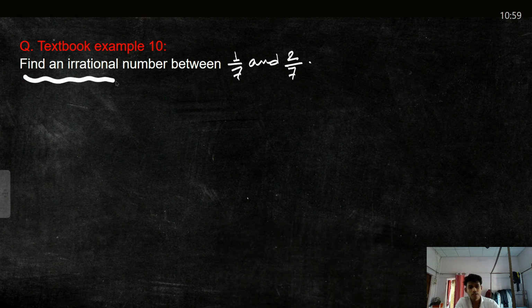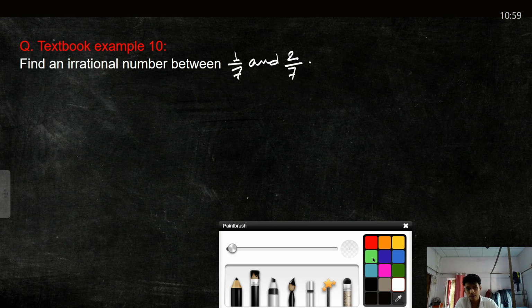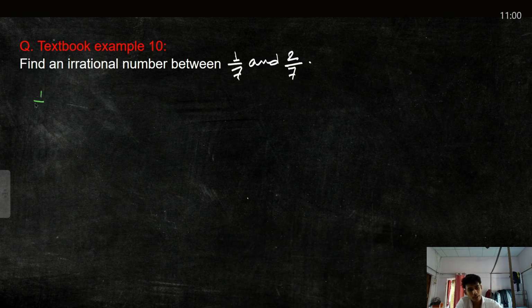So now the next question says: find an irrational number between 1 by 7 and 2 by 7. Now to solve this, at first we have to find the decimal expansion of both the numbers.